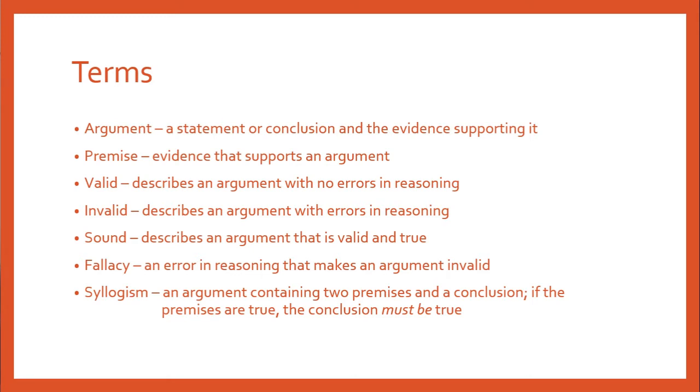Premises refer specifically to the statements that are evidence used to support an argument. So again, in the previous example, the premises of the argument would be all people are mortal, and Socrates is a person. Those are the two premises for that argument.